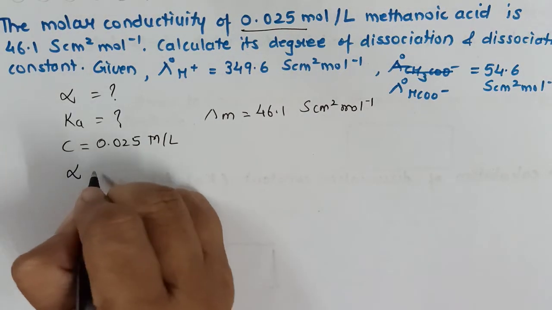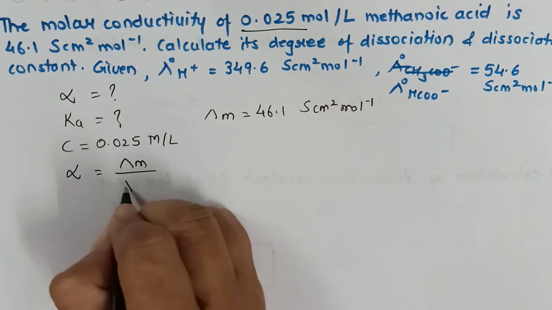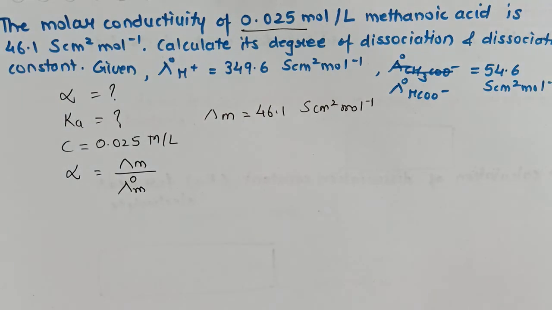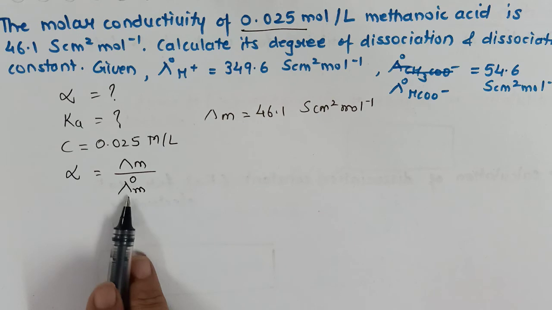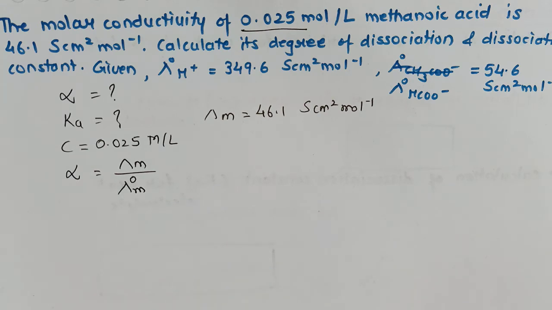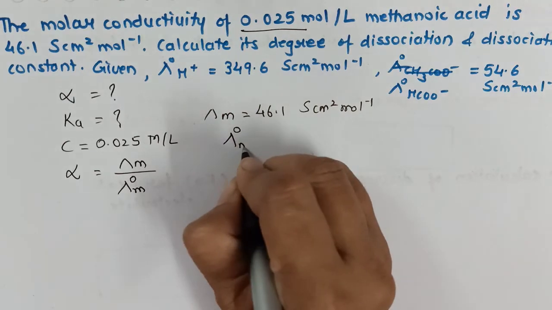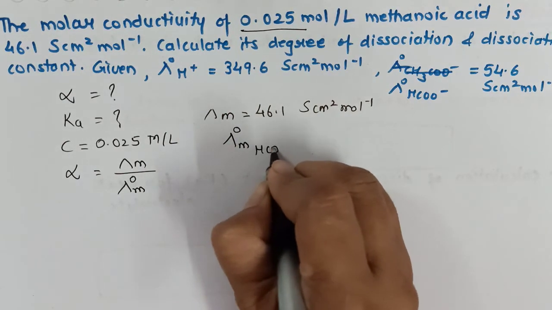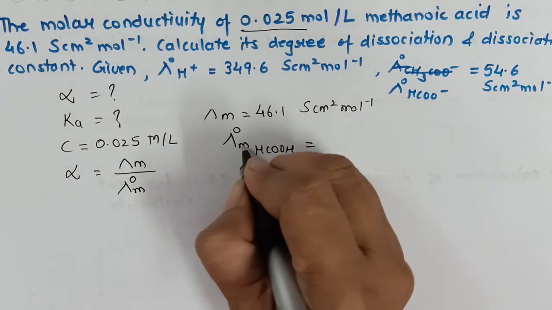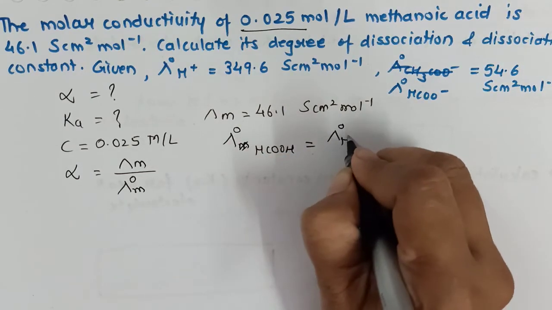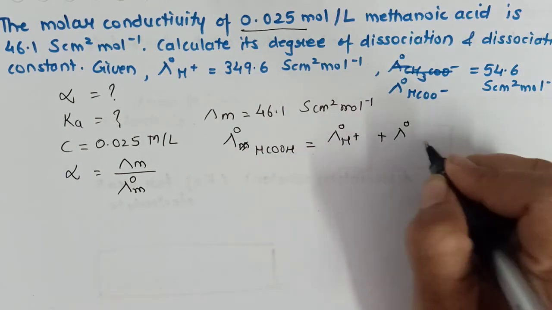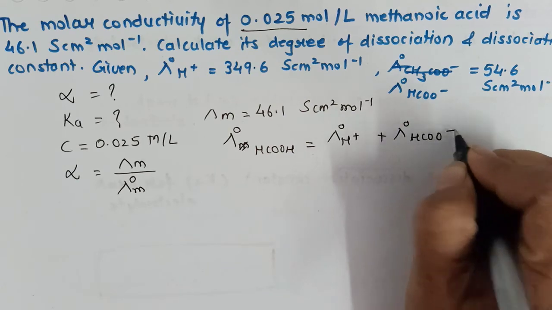To calculate alpha, we have to use the formula lambda m upon lambda m naught. The value of molar conductivity is with us, but the value of limiting molar conductivity we are supposed to calculate. So the limiting molar conductivity of methanoic acid is equal to lambda naught H plus lambda naught HCOO minus.